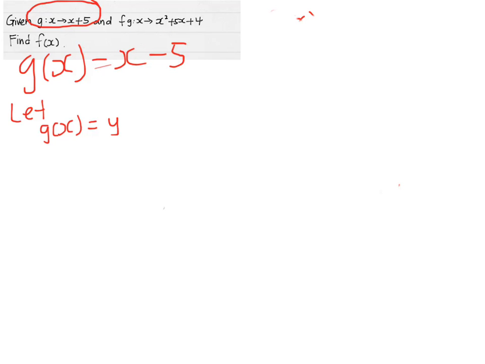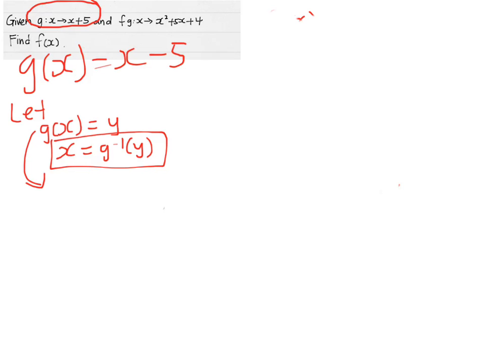So to find the inverse, gx, we move the g to the other side, it will become g inverse y.